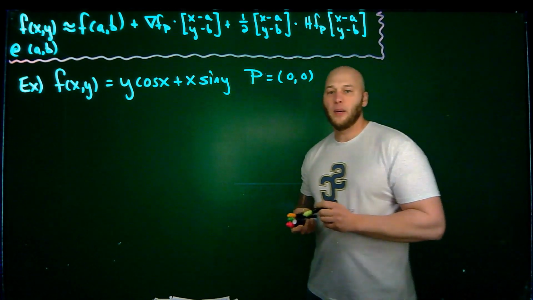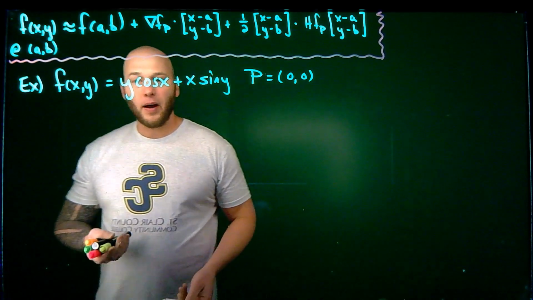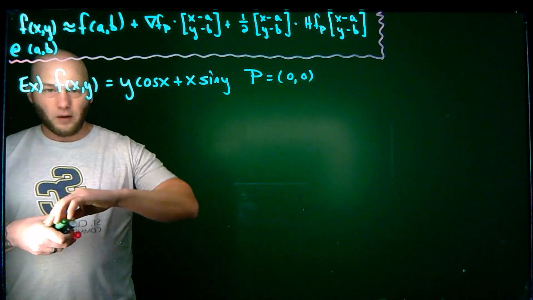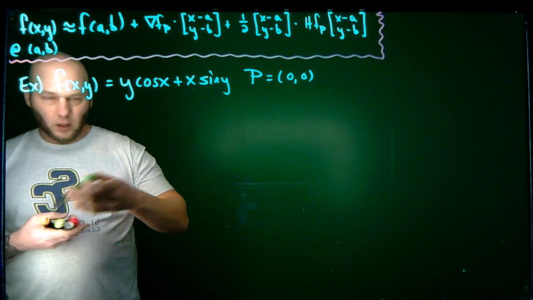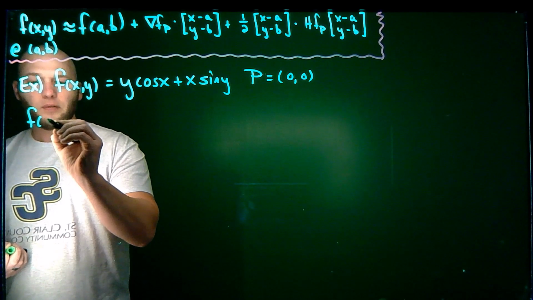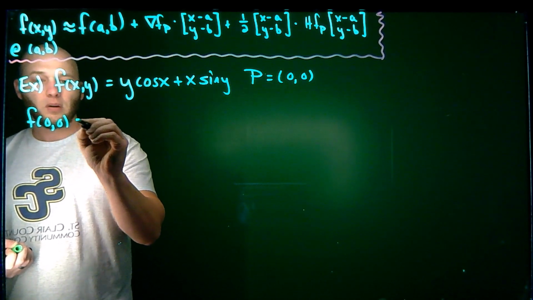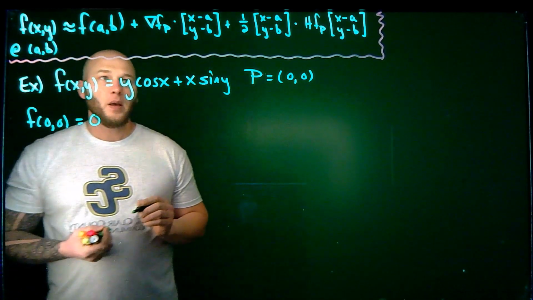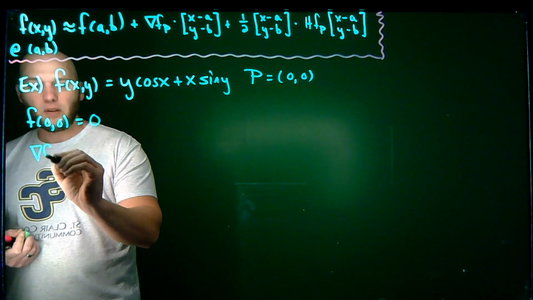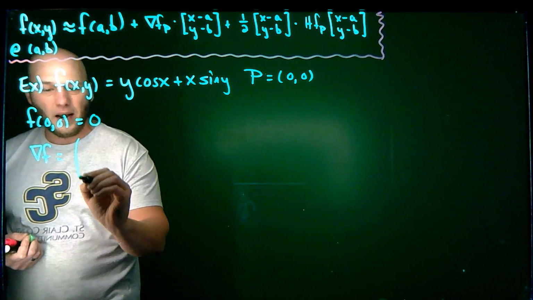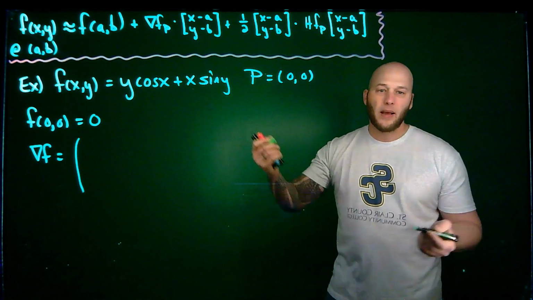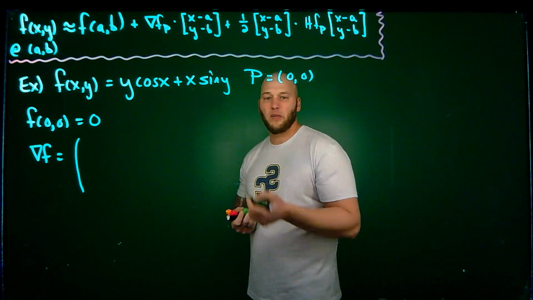Well, we have to compute a variety of things. First and foremost, we need the function value. f of 0, 0, so f at the point P, is 0. And then I'm going to need the gradient of the function. I'm going to write it as a column vector, just because when we do, say, the Hessian, we might want to have it as a column vector like we did in the previous video.